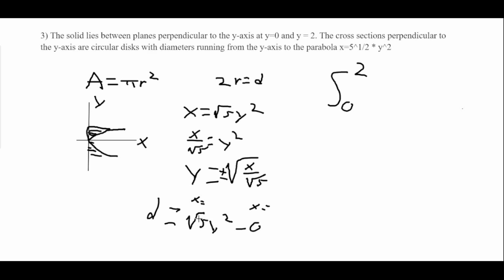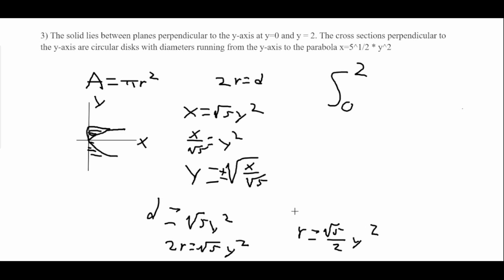Now that we have its diameter, we can find the radius for the area. The radius is simply going to be d over 2. So 2r equals root 5 y squared, so now r will be root 5 over 2 y squared.